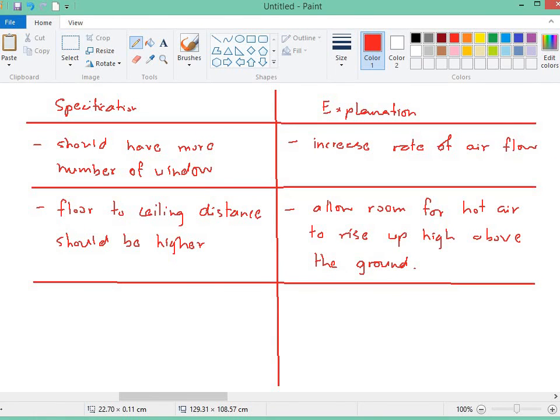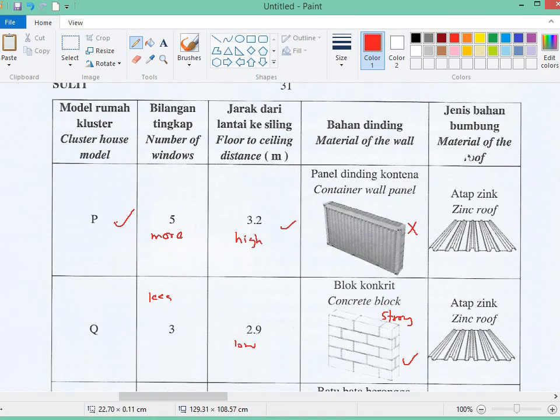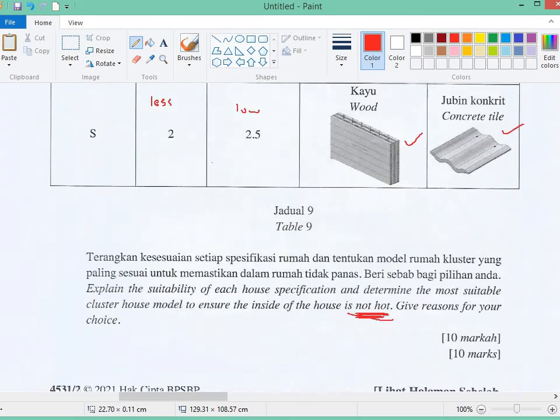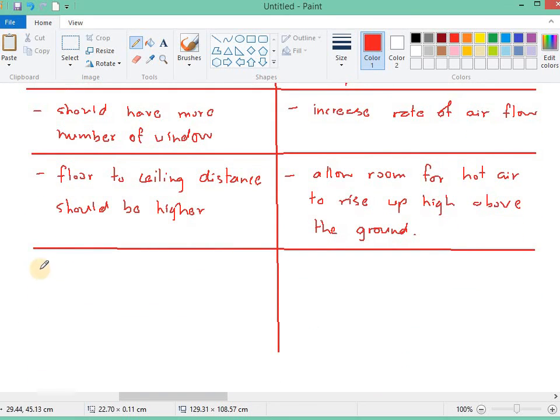Okay, so next is the material of the wall. Material of wall should use hollow brick.